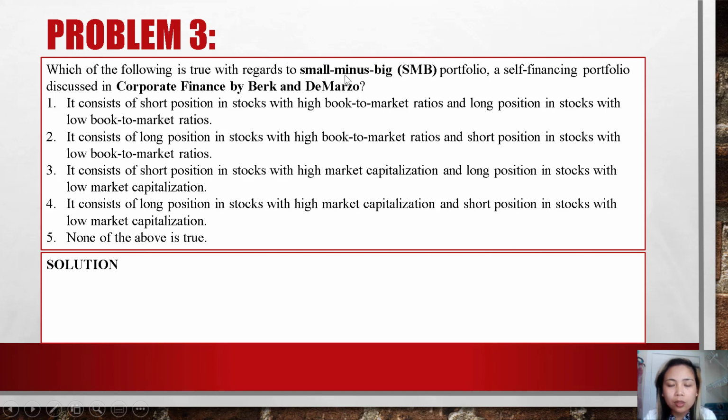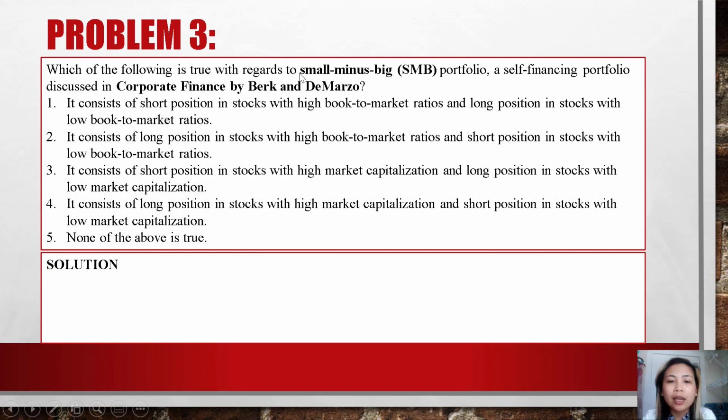And when you sell stock, you got short position, or another way to think of it is short selling. So basically here we have to buy small and sell big. So basically we have to buy something with small market capitalization and sell something with high market capitalization.